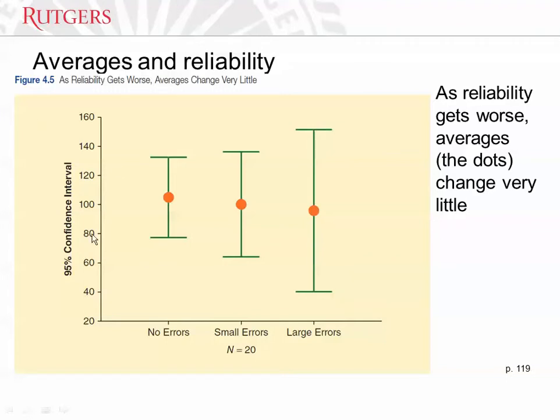Here's a graph showing means, which are the dots, and the bars show confidence intervals, and you can see that as you go from no errors to small errors to large errors, the confidence intervals get much bigger. So one consequence of poor reliability is larger confidence intervals, and therefore less statistical precision in the data.